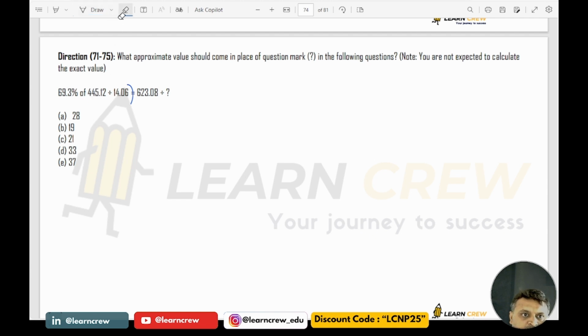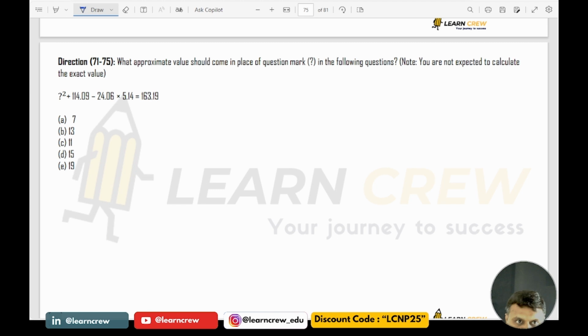Directly you can do half first. 70% of 445 is approximately 310. 310 by 14 is equal to 623, 624. I am taking multiple of 625 by how much? So approximately it is double. 310 double, 14 double. So approximately 28.